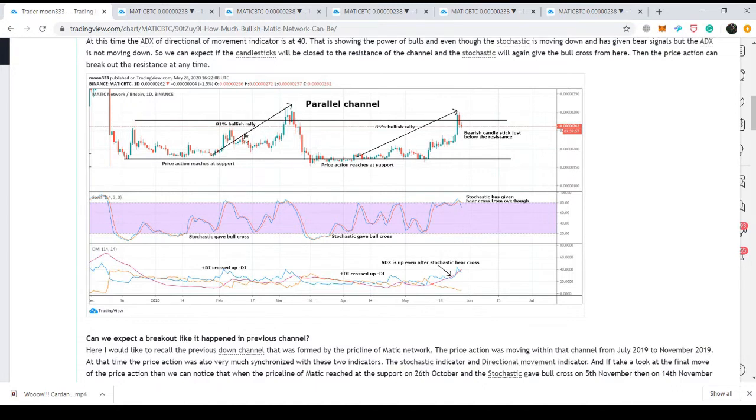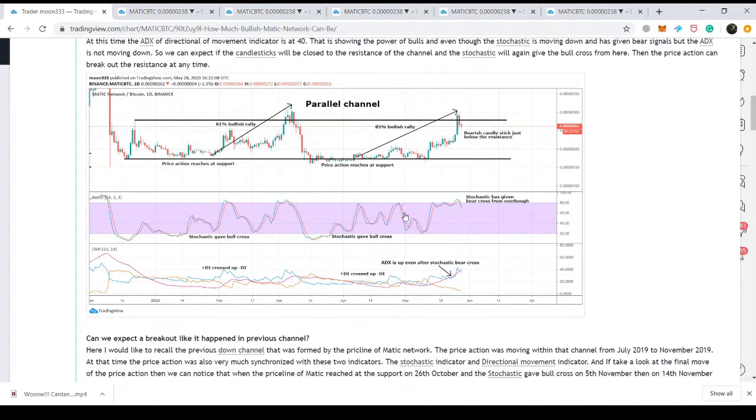In the first move, it produced more than 81% profit. Then we have witnessed the same signals here when the price action was at the support. Stochastic gave us the bull cross, and we also received the bullish signals by the directional movement indicator as well, and it produced more than 85% rally.